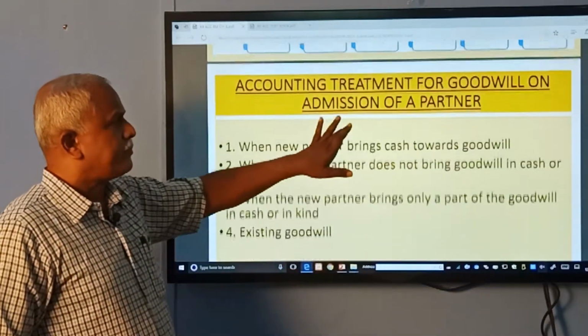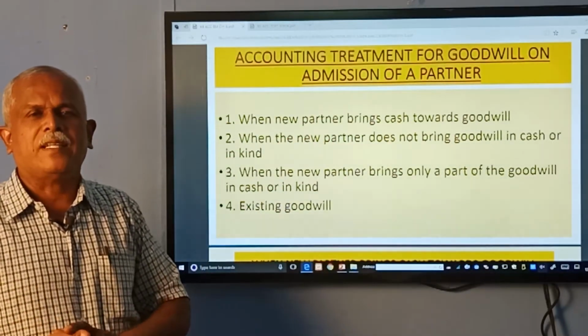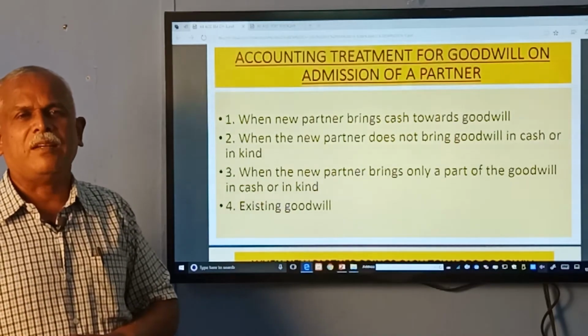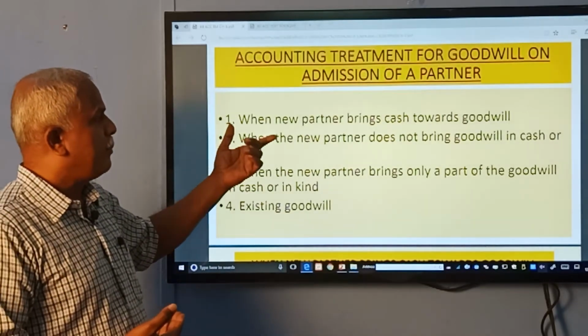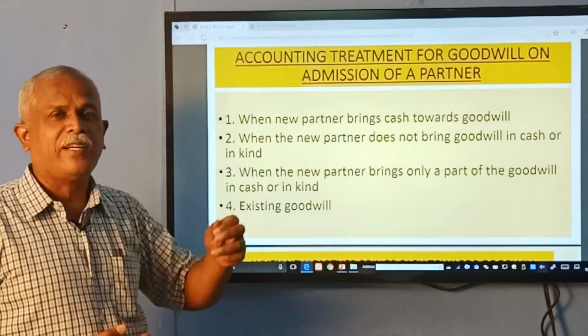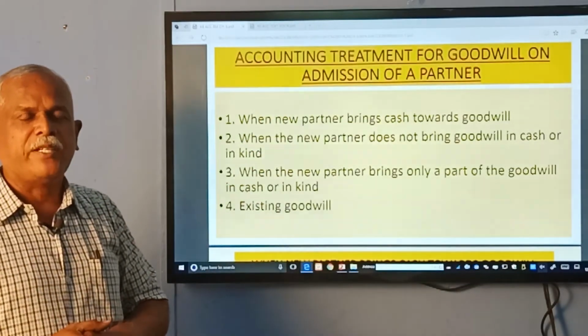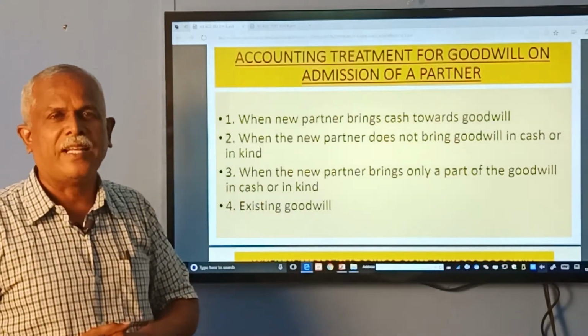Next, about goodwill. Goodwill is nothing but the reputation or the present value of the future earnings. At the time of admission, a new partner has to compensate the old partners for their sacrifice.